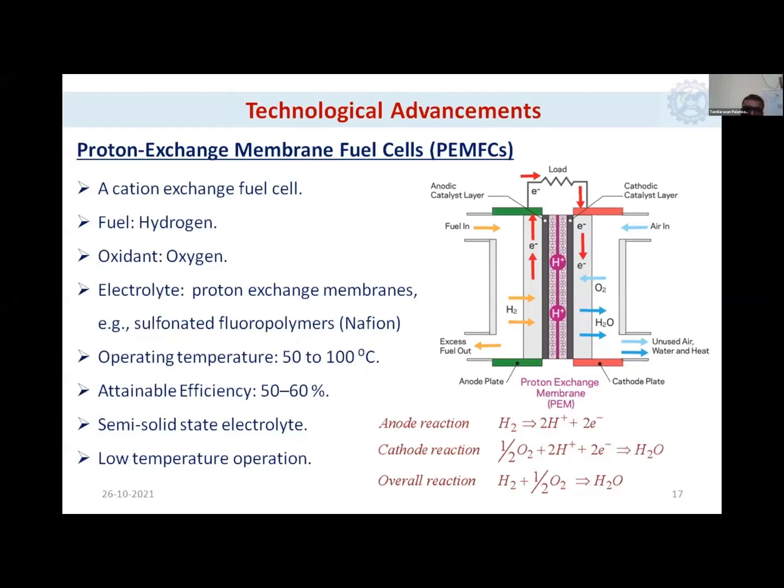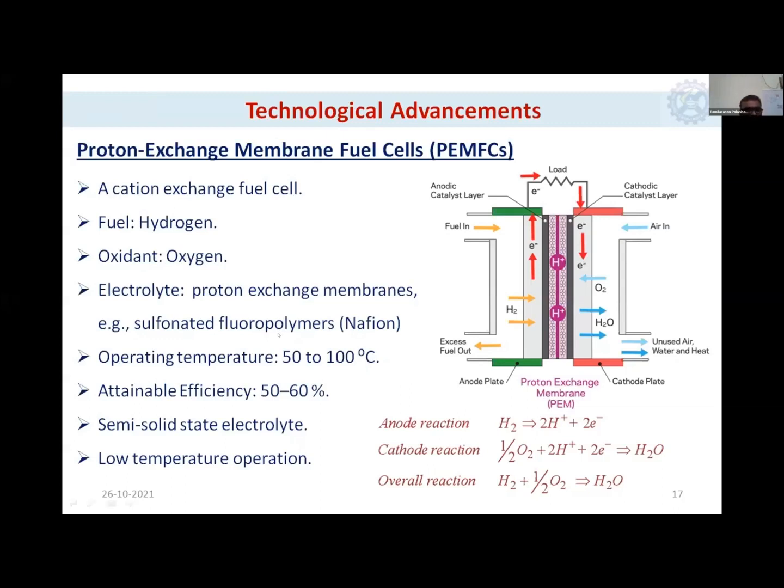But to the best of my knowledge, of course, there are several reports that have been claimed to be comparable performance, comparable ionic conductivity, comparable stability to Nafion, but those are not commercialized to the level of Nafion so far. Okay, so Nafion is the benchmark electrolyte, and platinum is the benchmark catalyst. And obviously, we are looking for the alternative for both Nafion and platinum catalyst.